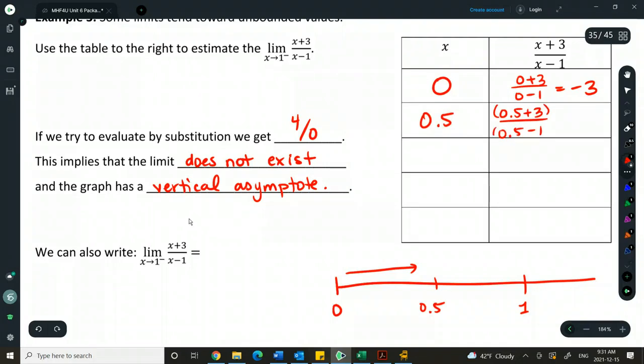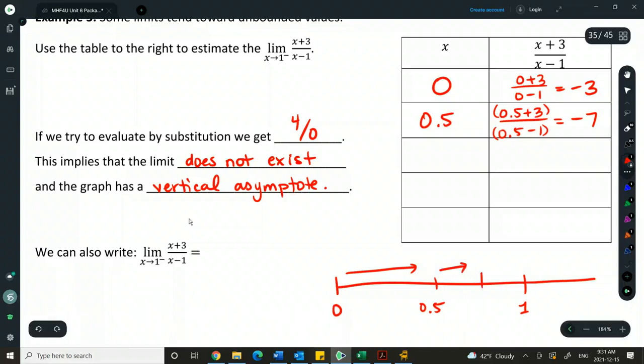Make sure you put brackets around these if you're going to do this all in your calculator at once. Farrell, what'd you get? Negative 7. Someone else confirm this? Okay, just want to make sure we're getting the right things.